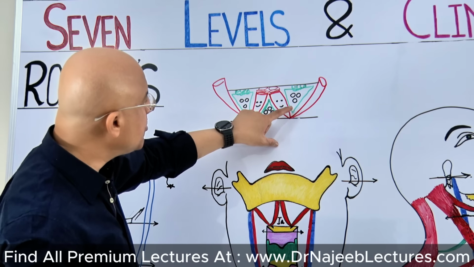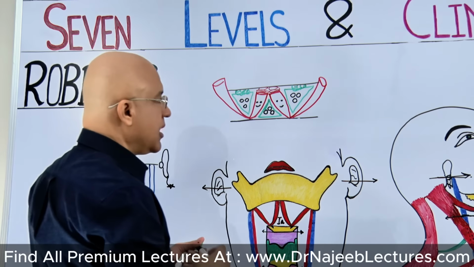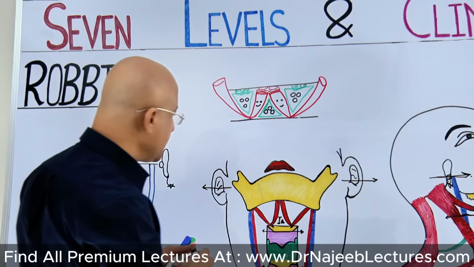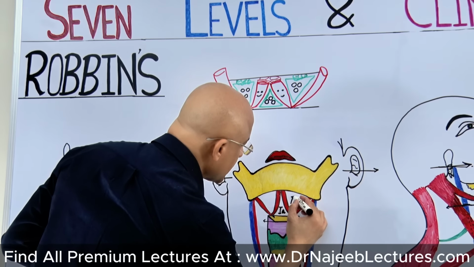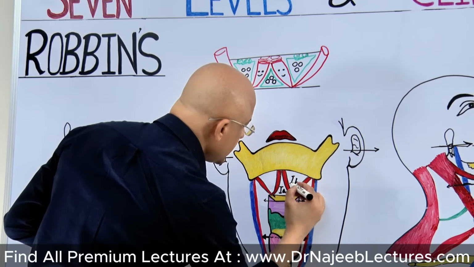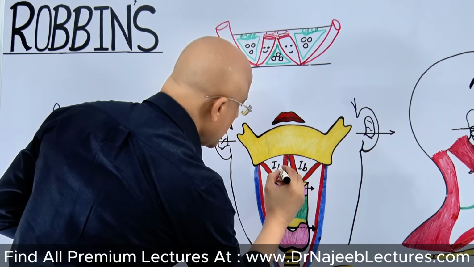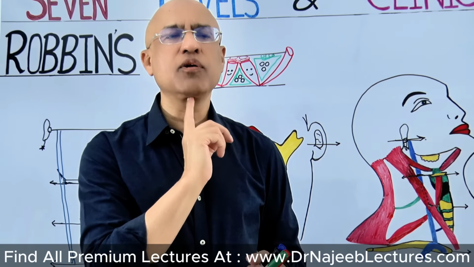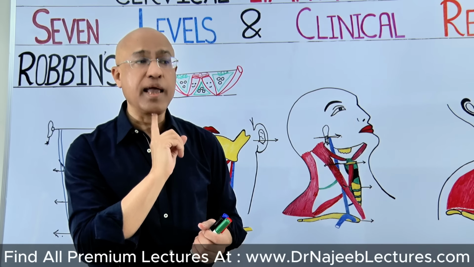Now, the submandibular triangle lymph nodes, according to the Robbins levels of lymph node classification, are given 1B. What is the name it is given? 1B. So we can repeat here that in the submental triangle, which level of lymph nodes? 1A.